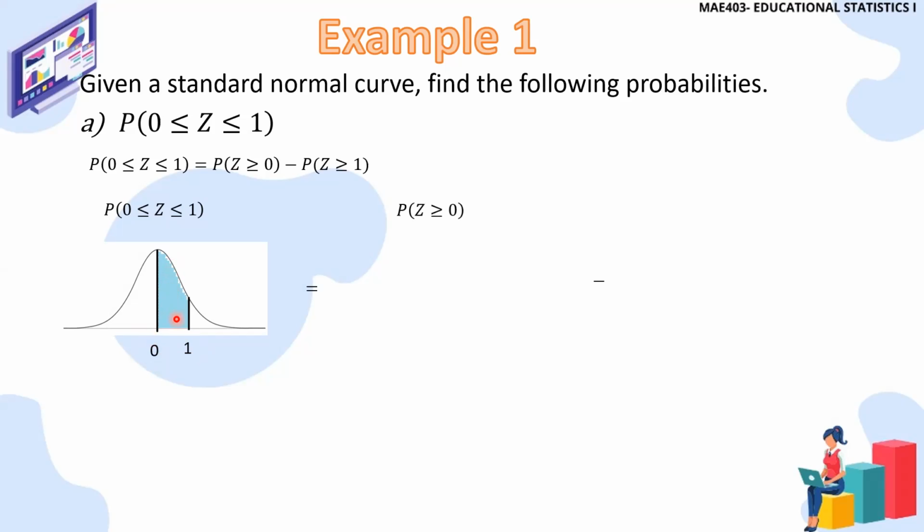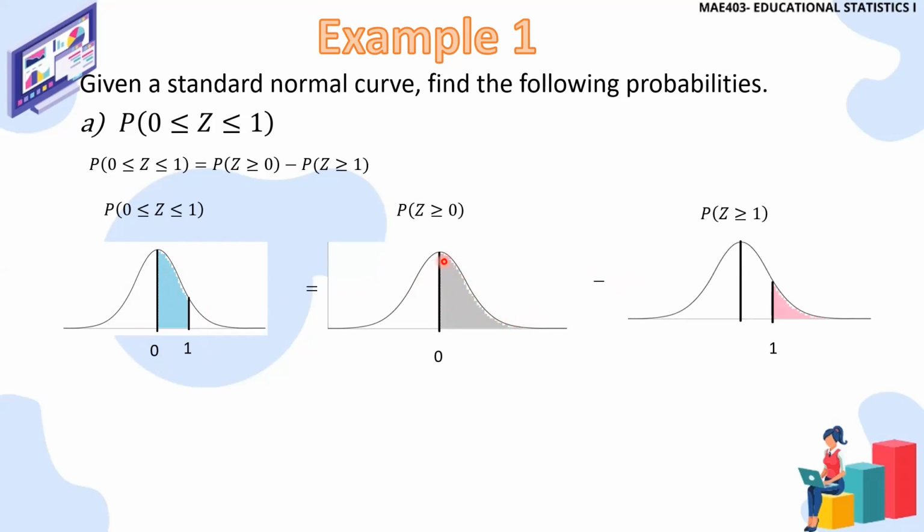All right, so first, you look at the area of probability of z greater than 0, from 0 until infinity, minus probability of z greater or equal to 1.